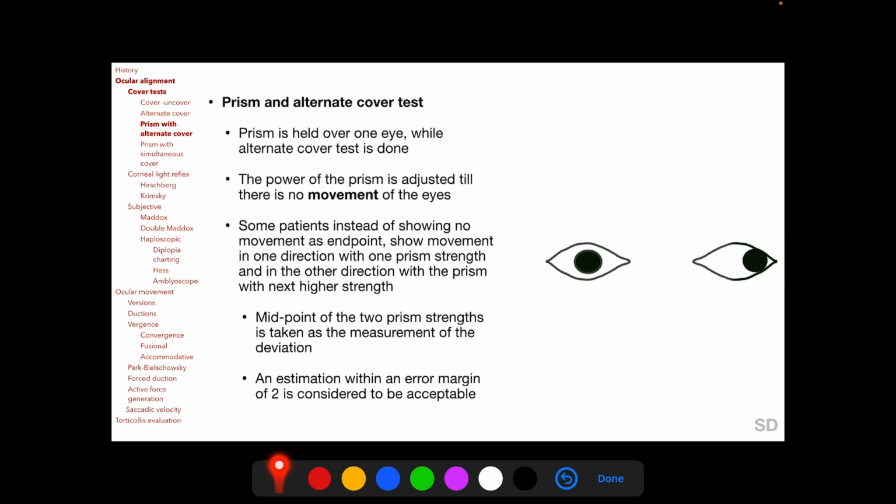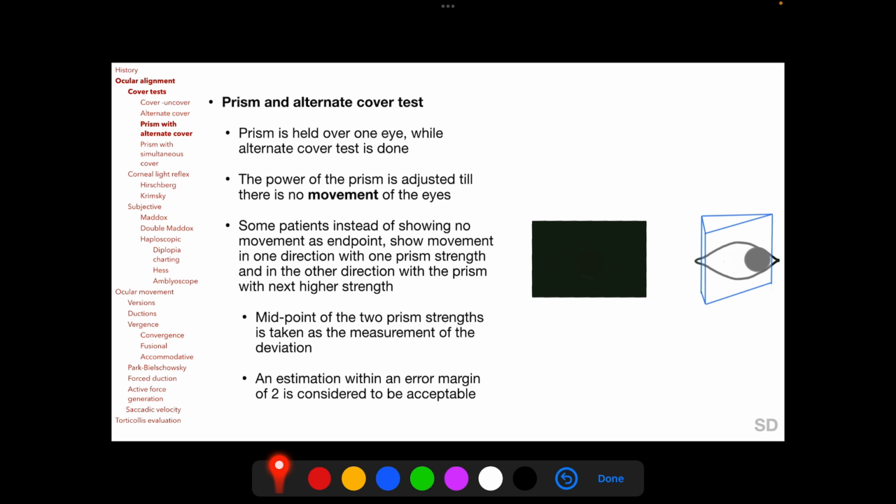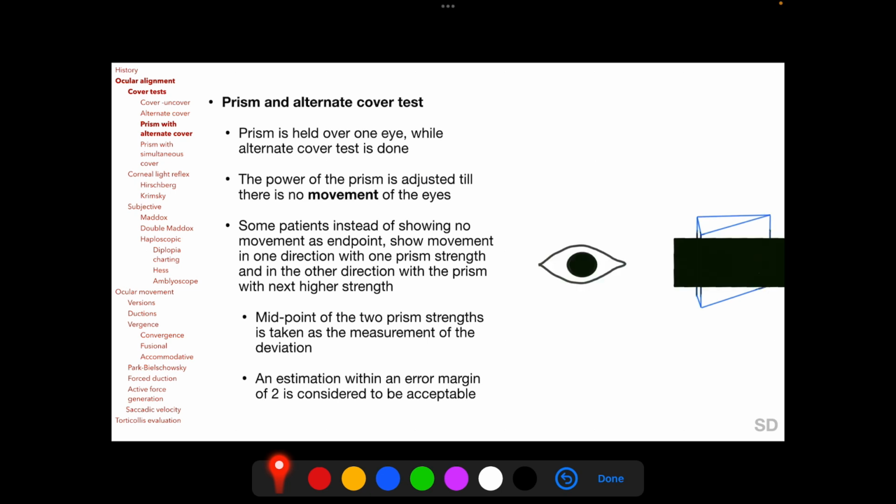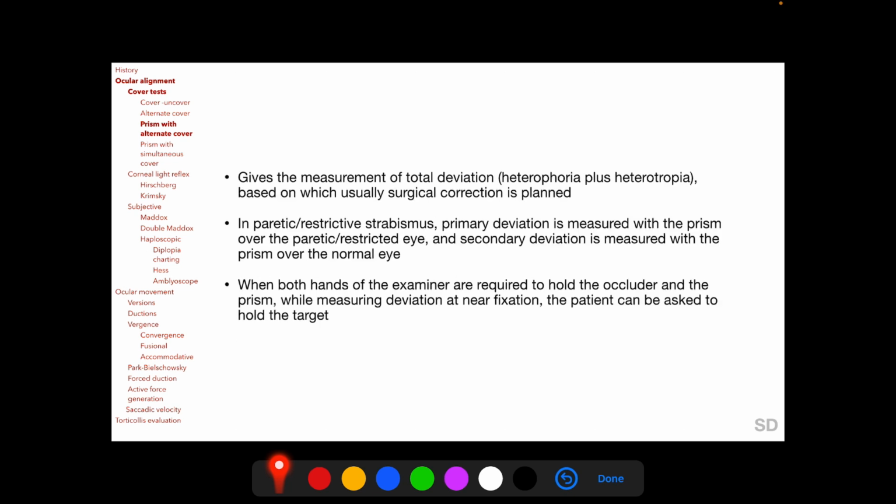And when we position prism of the appropriate power and perform the alternate cover test, when we cover the right eye, we find no movement of the left eye, and when we cover the left eye, we find no movement of the right eye. So prism and alternate cover test gives the measurement of total deviation, that is heterophoria plus heterotropia, and it is based on this measurement that surgical corrections are usually planned.